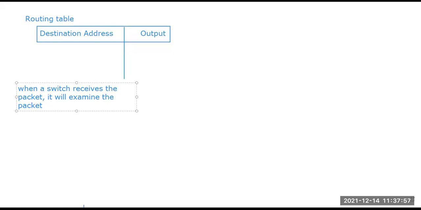So when the switch receives the packet, the destination address is examined. Then the routing table finds the corresponding port through which the packet should be forwarded. Suppose a particular destination address is coming; consider this is a message packet, and there is a header associated with it.